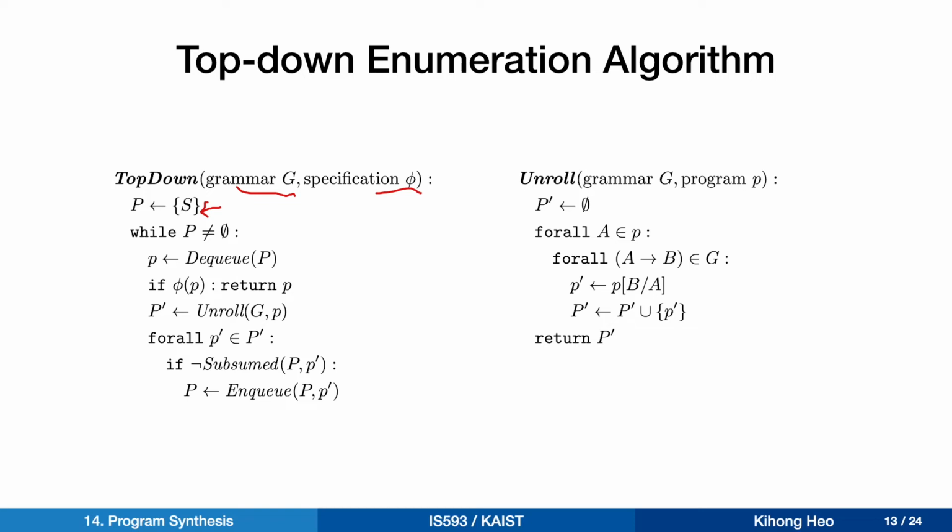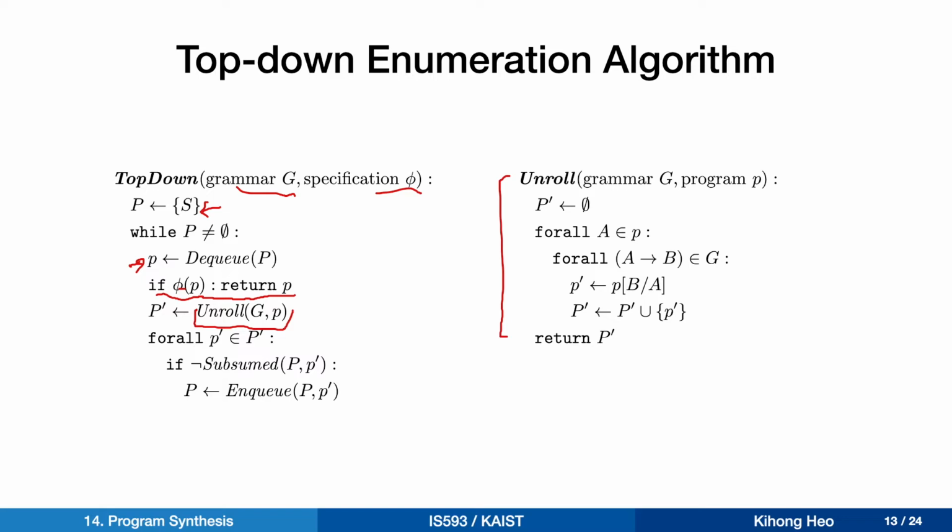For each candidate P, if it satisfies the specification, then we are happy, so it returns the program P. Otherwise, it unrolls non-terminal symbols in the program once using the production rules. That part is in the unroll function here.